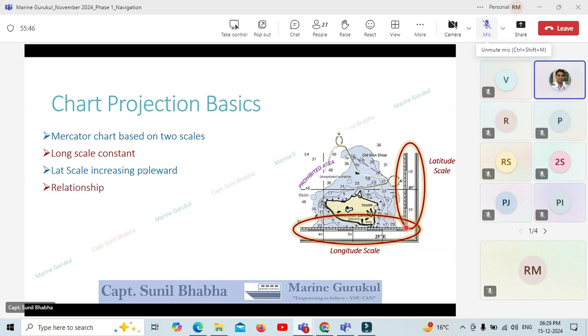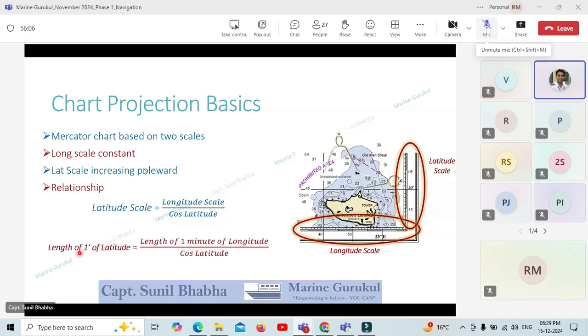Now both these scales have a relationship between them, and this relationship is given by the formula: the latitude scale is equal to the longitude scale divided by cos of latitude. This can be further simplified as the length of 1 minute of latitude on a Mercator chart is equal to the length of 1 minute of longitude on a Mercator chart divided by cos of latitude.